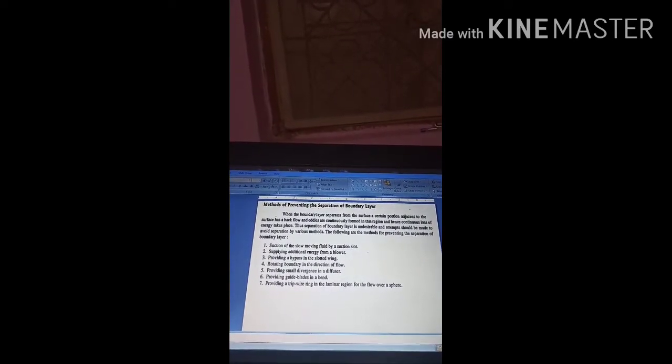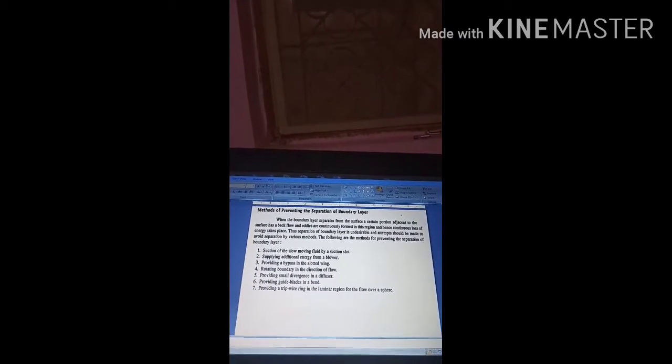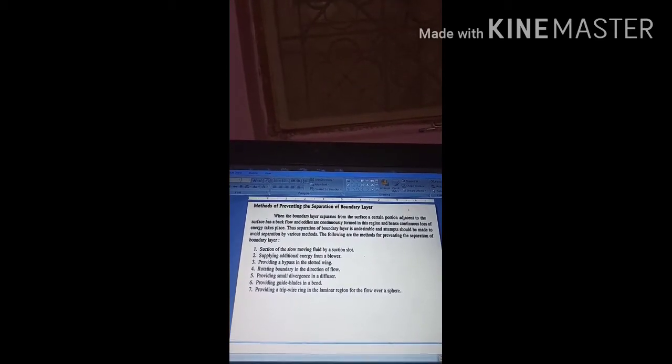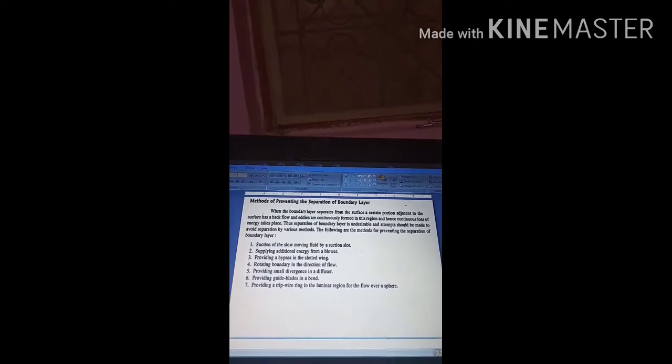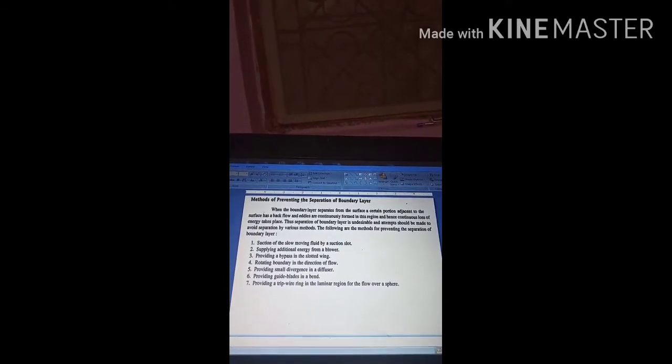If there is a separation, then you will see that there is a backflow and eddies are continuously formed in the region, and that disturbs the motion of the solid body, and hence continuous loss of energy also takes place. This separation of boundary layer is undesirable, and hence attempts should be made to avoid it by various methods.